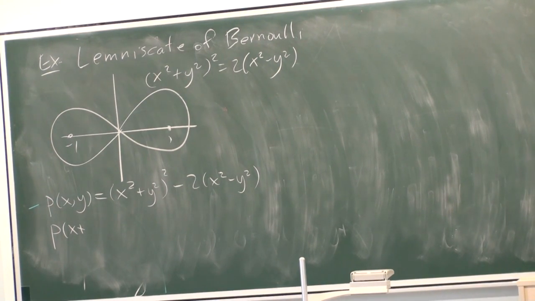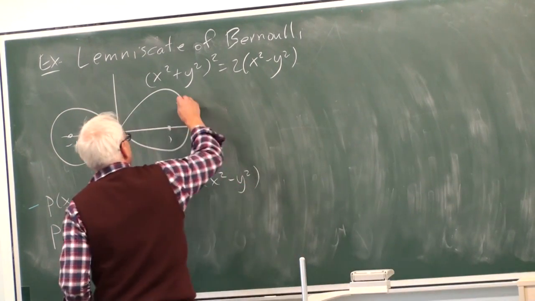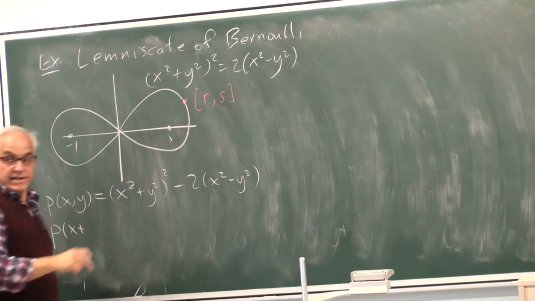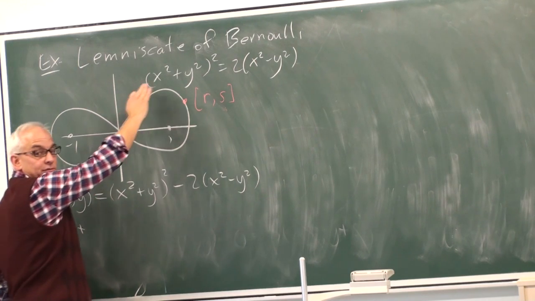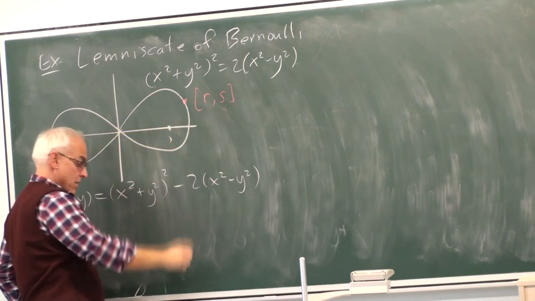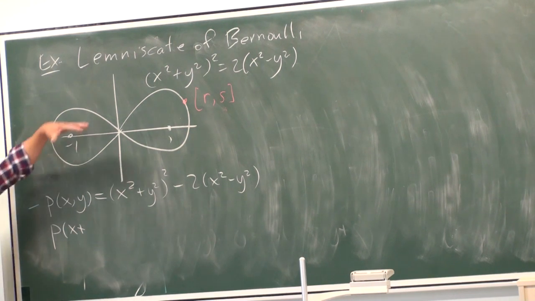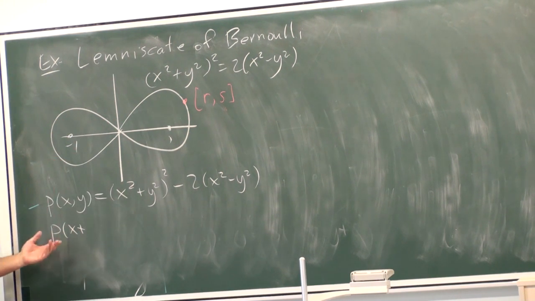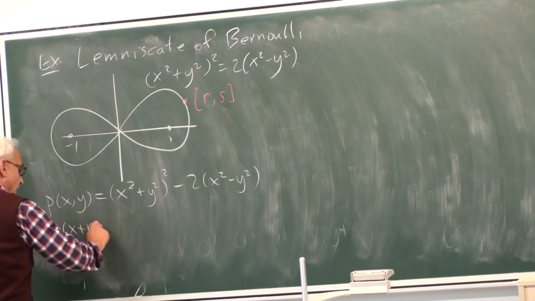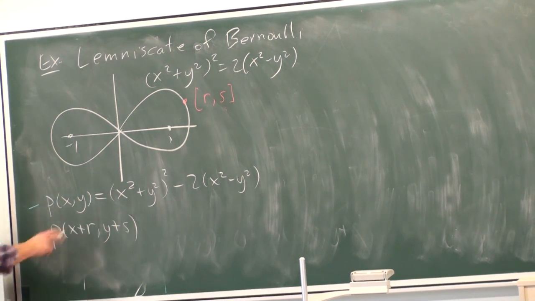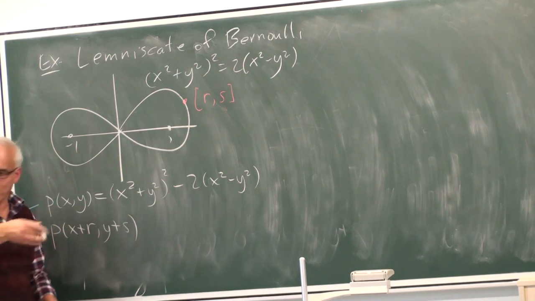So we'll suppose that we have some point on the lemniscate, and that point is r and s. So r and s actually satisfy this equation. Okay, so algebraically what we're doing when we do that first step of translating is we're just evaluating p of x plus r, y plus s. So you have to plug x plus r and y plus s in here and expand it all out.